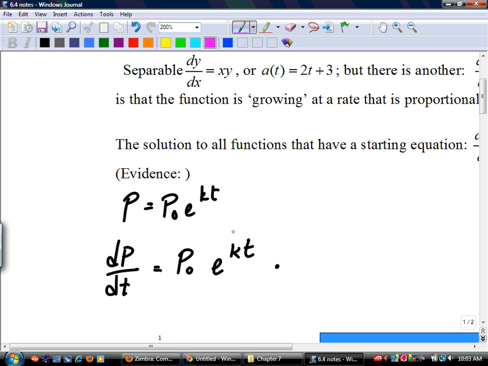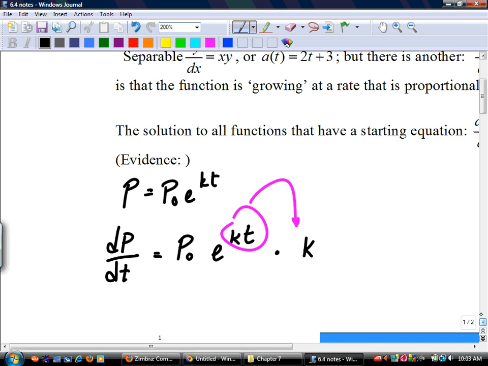What's the derivative of kt? Yeah. Now take a look at what happens.